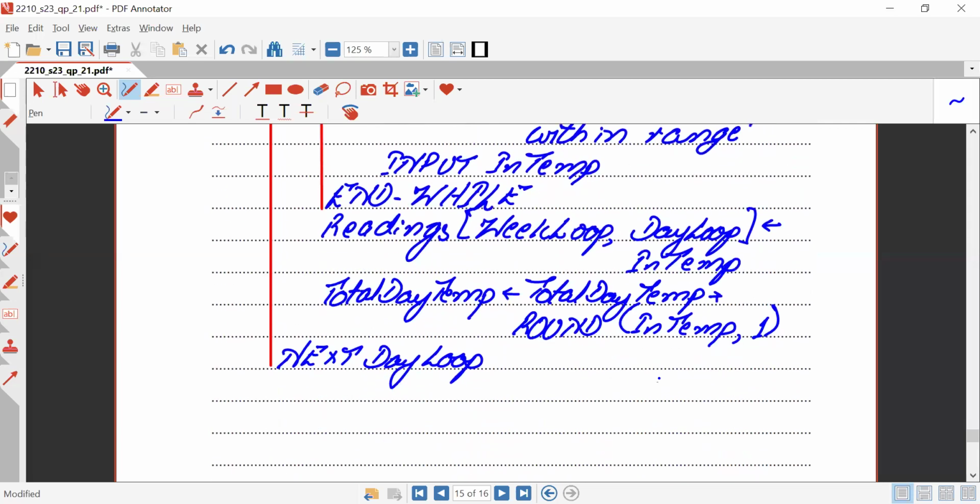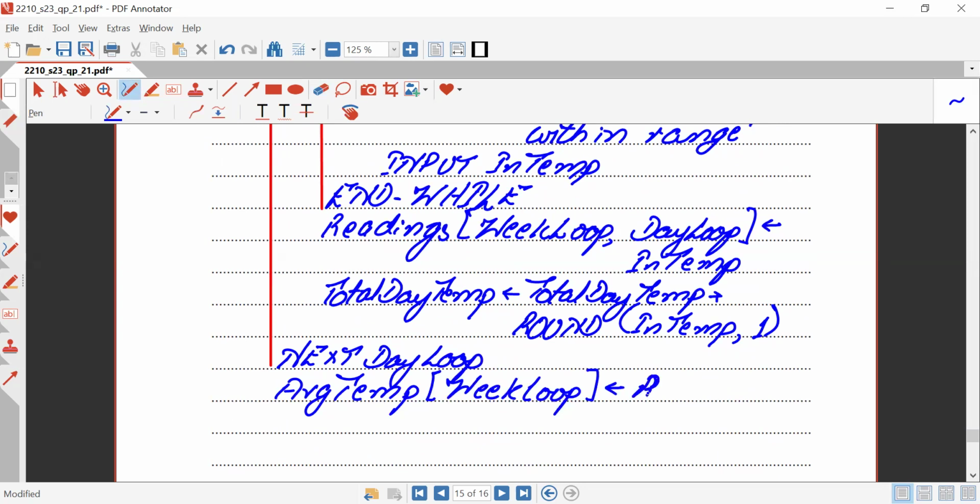So we need to be careful. Average temperature will be given with a value. Then we do have, because it's an array, the index is working as a week loop.